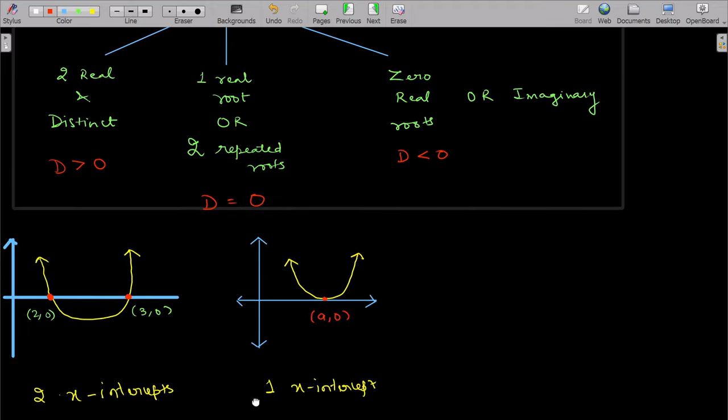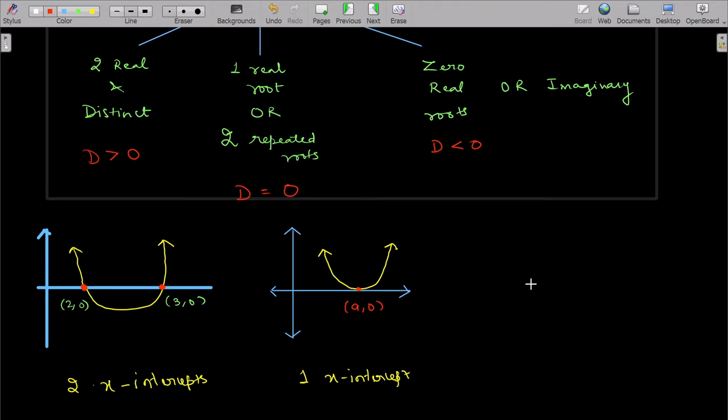Okay, and the third case, where you don't have any real root, will be the case when the graph will not touch the x-axis at all. So the graph will lie above the x-axis, like this.